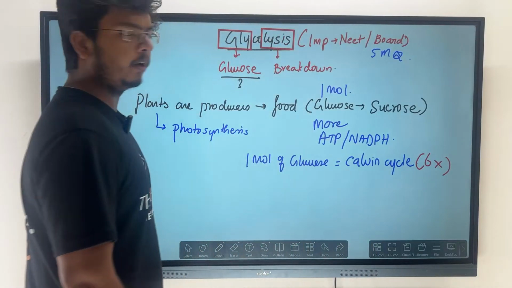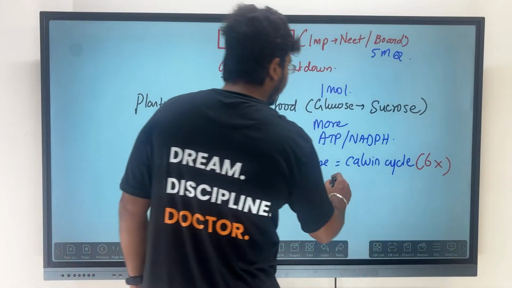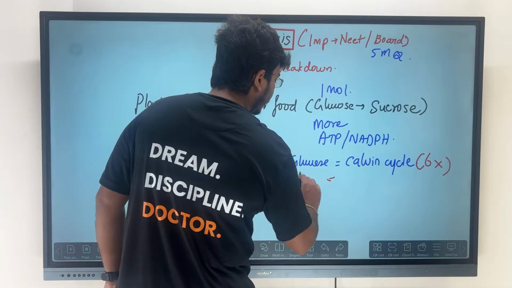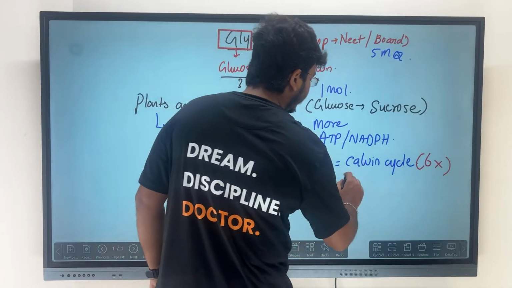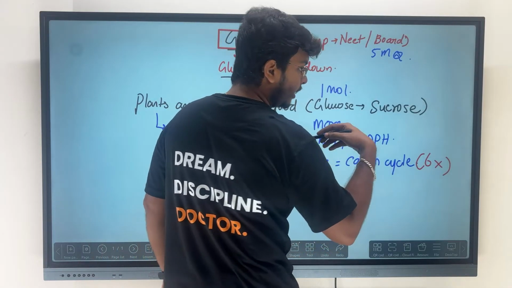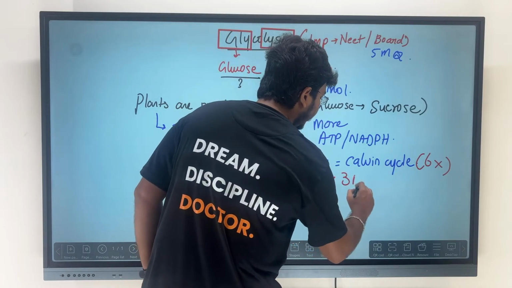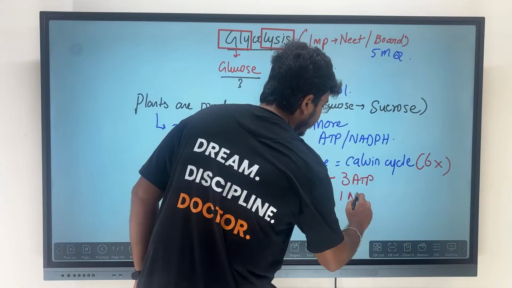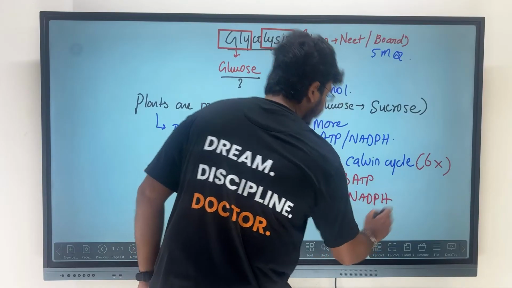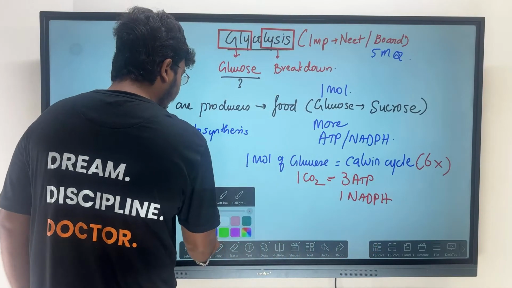And every single time, for one carbon dioxide, they spend 3 ATP and 1 NADPH. So this is for one carbon dioxide.